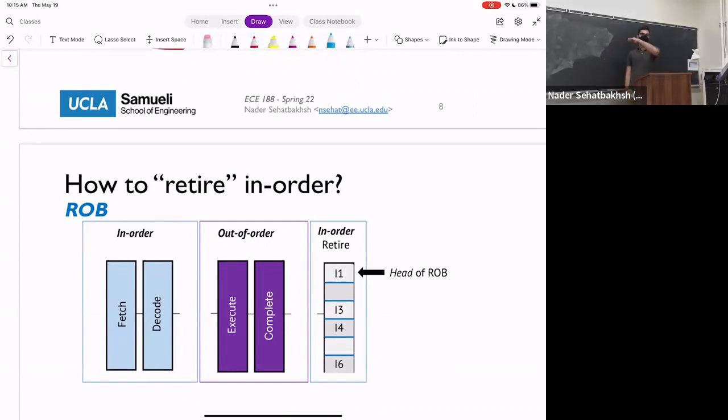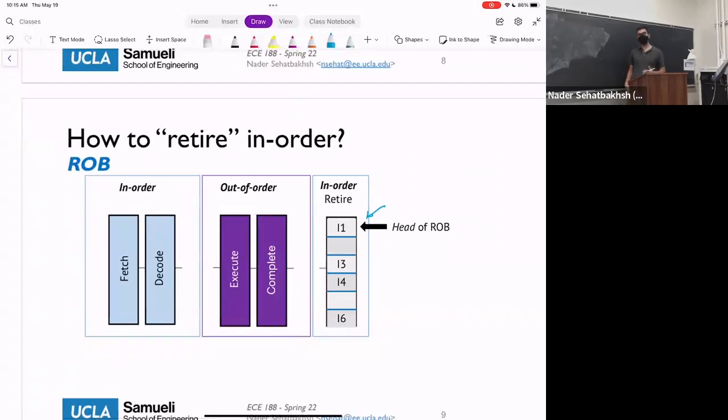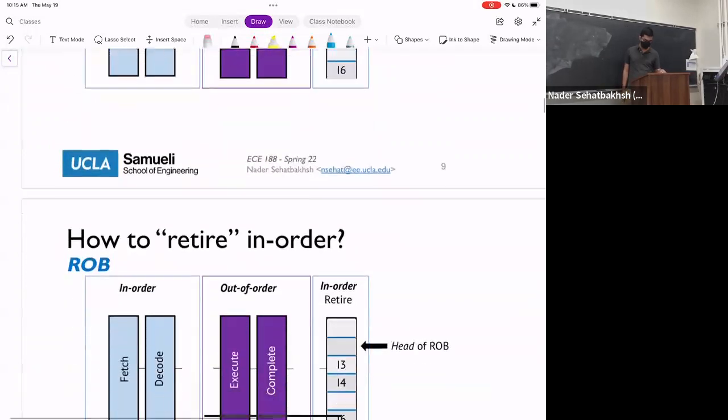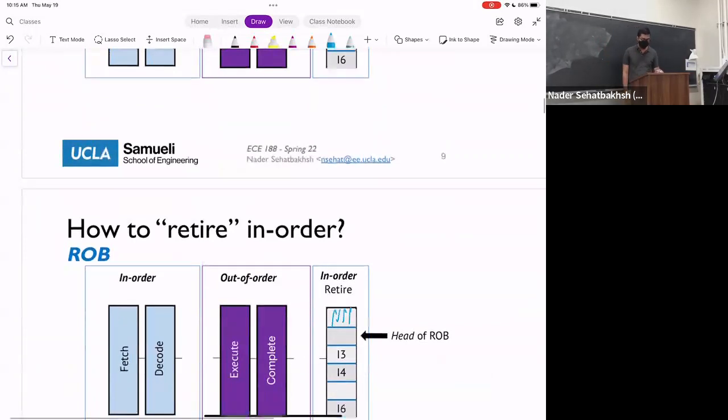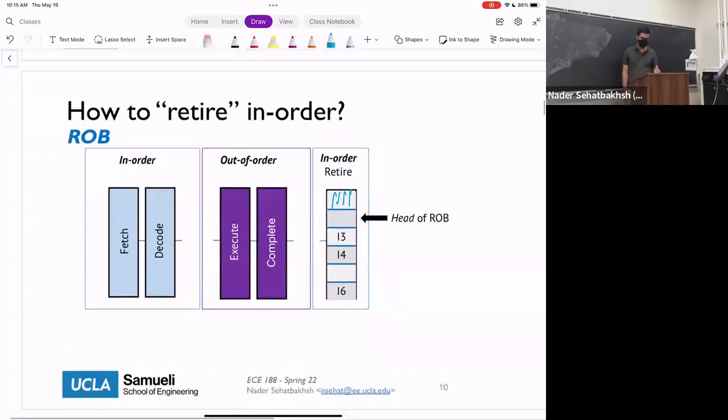For example, in this case, the head of the ROB is pointing to I1. So since this is the last one, it's safe to retire this instruction. We're gonna retire this, remove it from our buffer, write back the results of I1 into our register file or memory, whatever you needed. And then we move the head of the ROB to the next instruction. In this case, it would be I2.